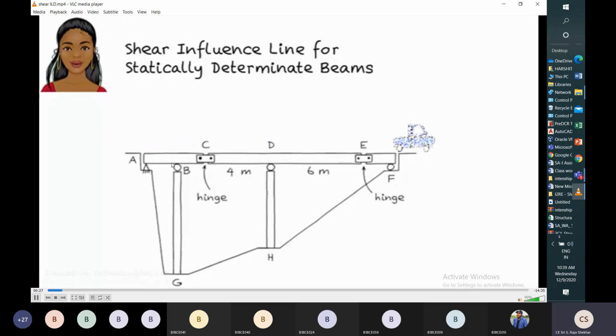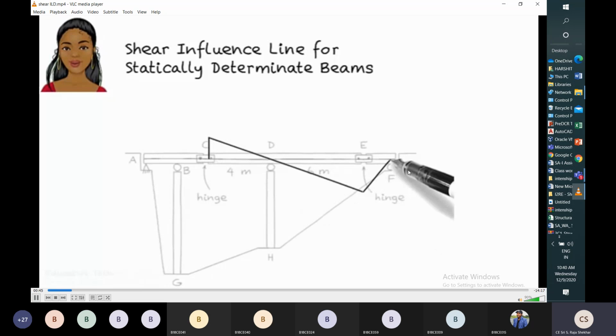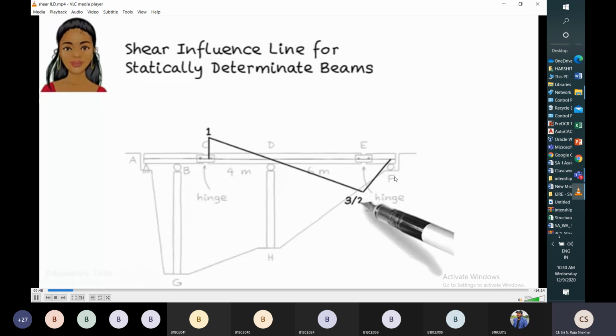I want to calculate shear force at this section C. For that, I'm moving a unit point load from A to F. This is the variation of the influence line when the unit point load moves from A to F. So how to draw the shear force at section C when the unit point load moves from A to F?